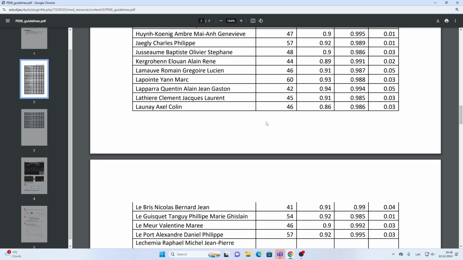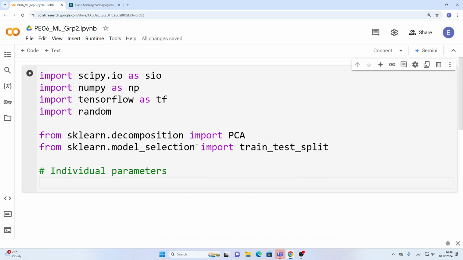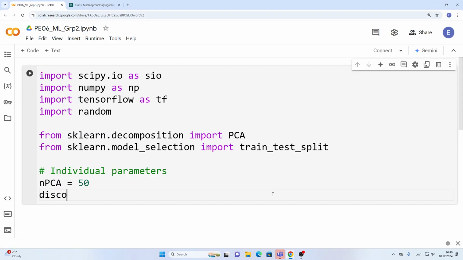So that is number of principal components, NPCA. For me, it's going to be 50. Then a discount factor for your reward calculation. For me, it's going to be 0.95.